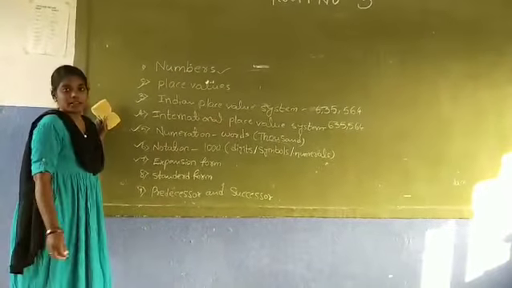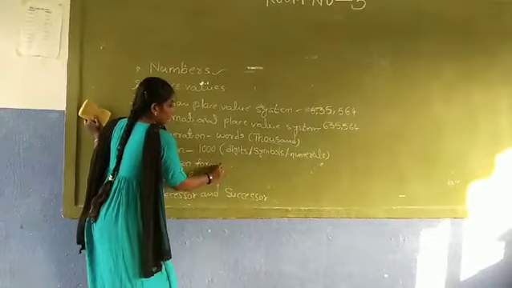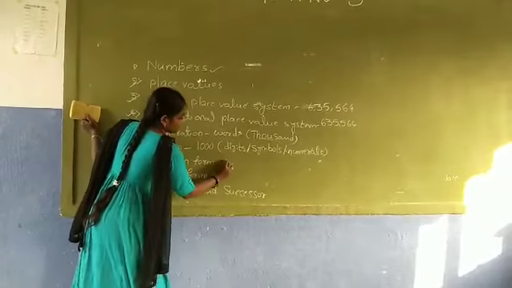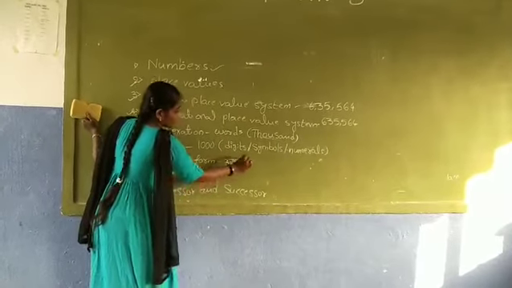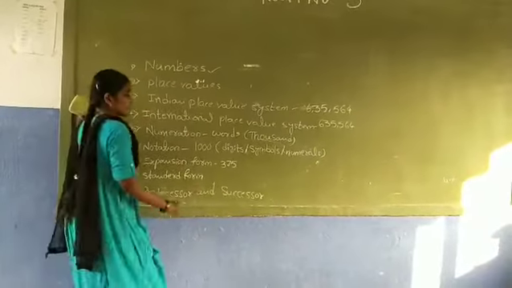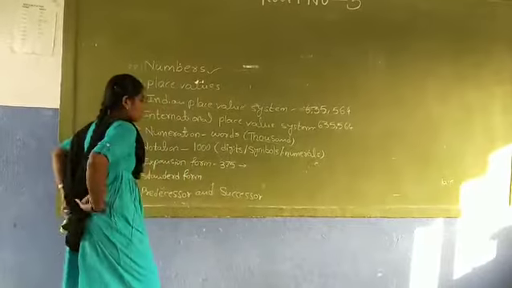Expansion form. We discussed about this. Expansion form means we can elaborate a number. Here I am writing 375. What is the expansion form of this number?